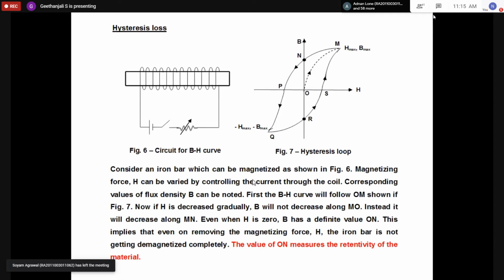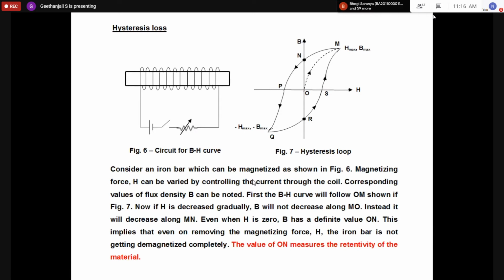Figure 7 is the hysteresis loop. The first diagram is used to get this BH curve. Figure number 7 is drawn between B, flux density, and H, magnetic field intensity. So another name for figure 7 is hysteresis loop or BH curve.